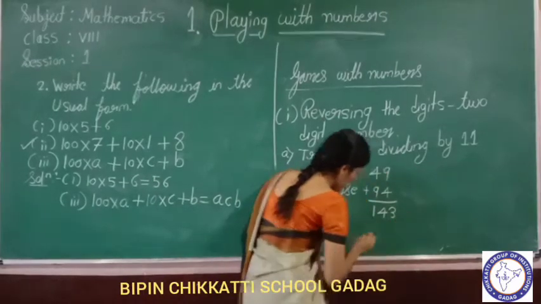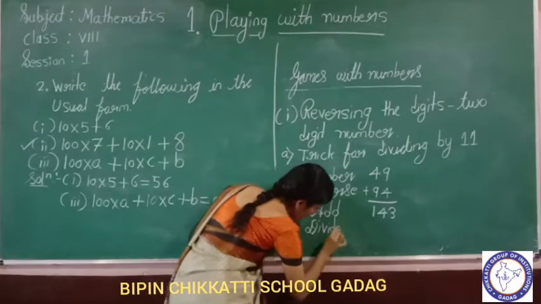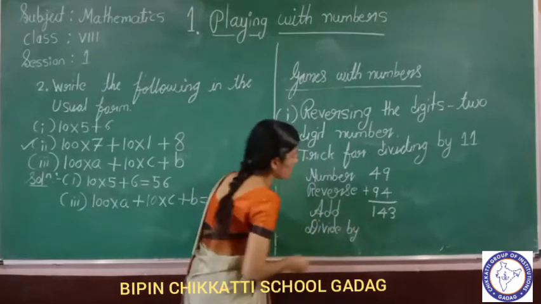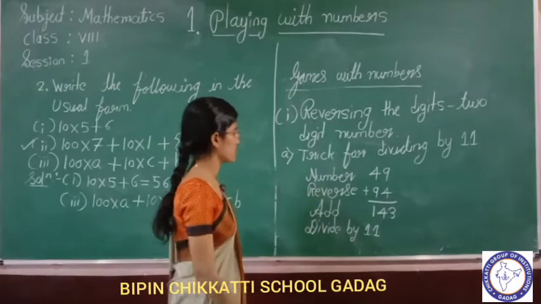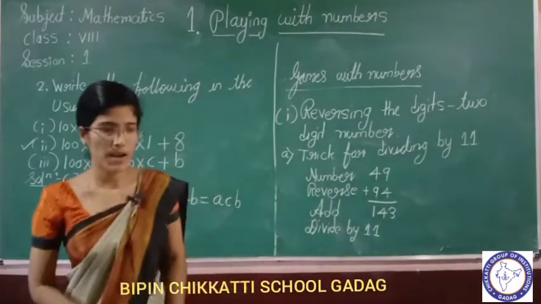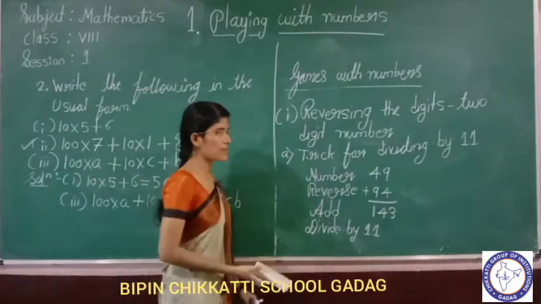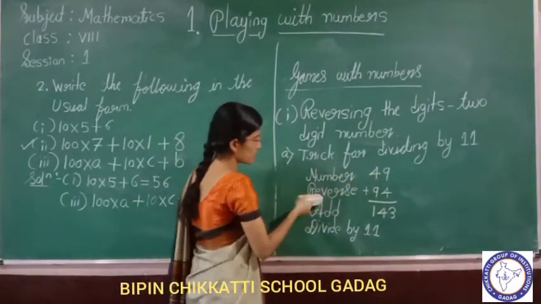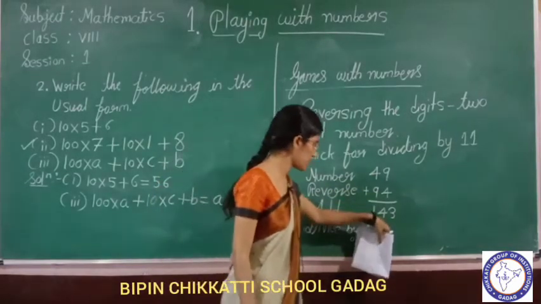Divide this by 11. First, what you have to do? Take a 2-digit number, that is 49. Reverse this, it will become 94. Add this, it will become 143.